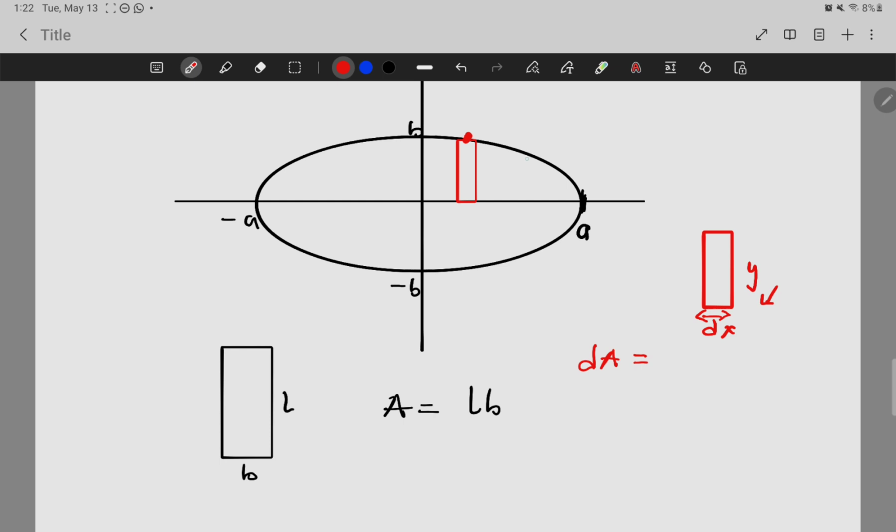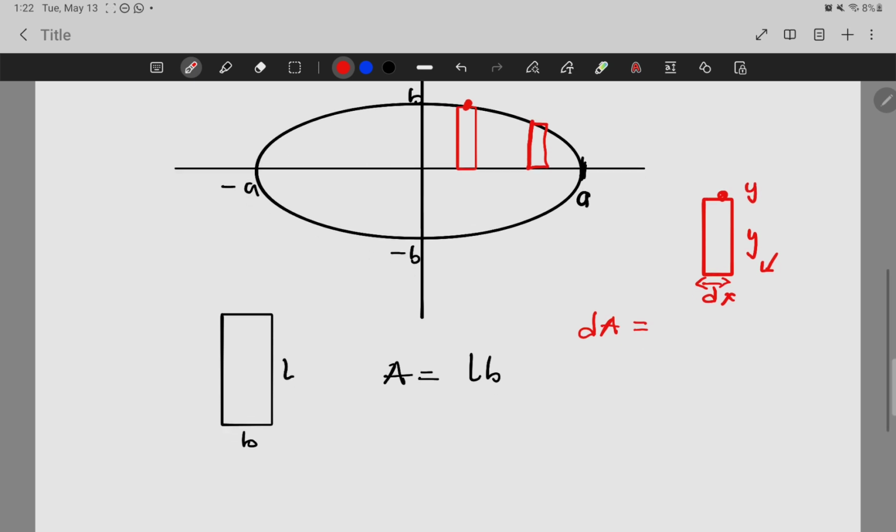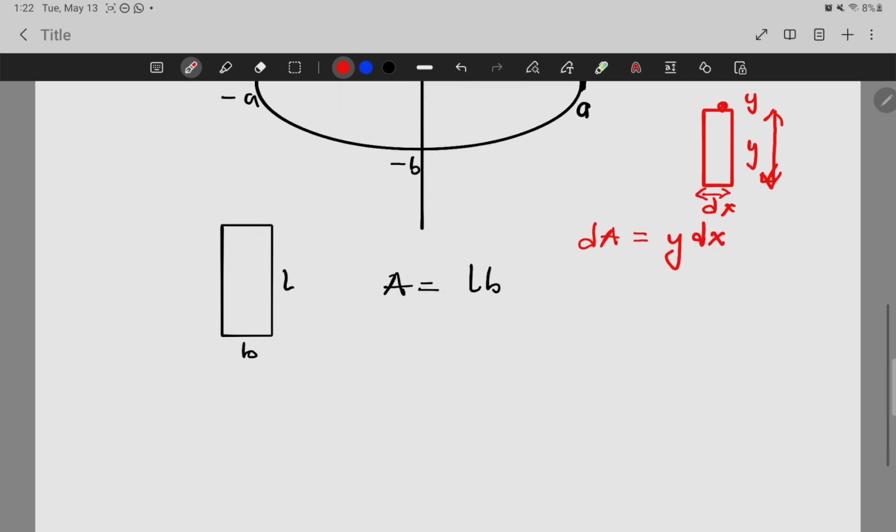The value of y changes depending on where the section is being selected. So we'll keep it general. The top part will just be y. So the height here will be y minus 0, which is just y, so that the area will be y multiplying dx. So the area we're looking at is the integral of y dx.